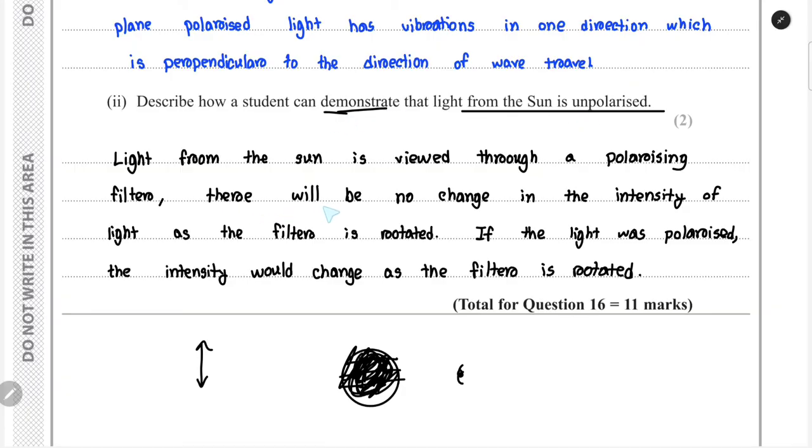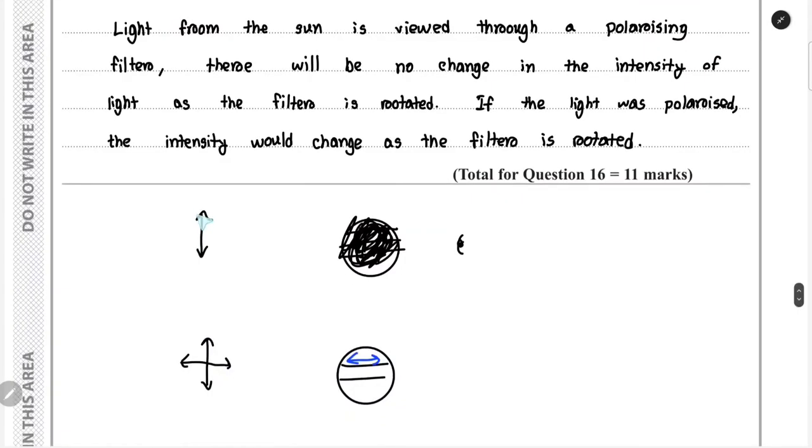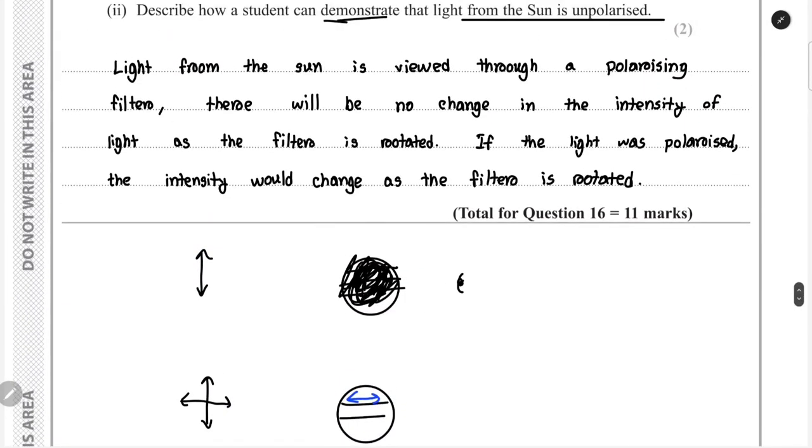So we can say that there will be no change in the intensity of light as the filter is rotated. And now we have to give the point of what it would be if it was polarized. So if sunlight was polarized, what would actually happen? The intensity would change as the filter is rotated. So this case over here would happen if the sunlight was polarized.